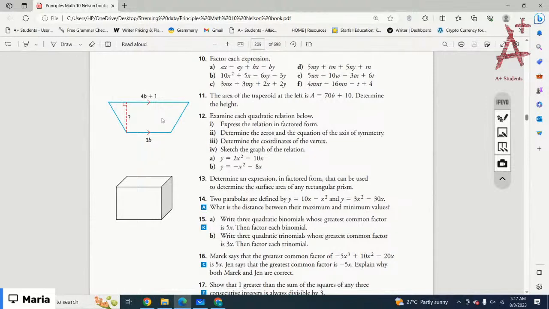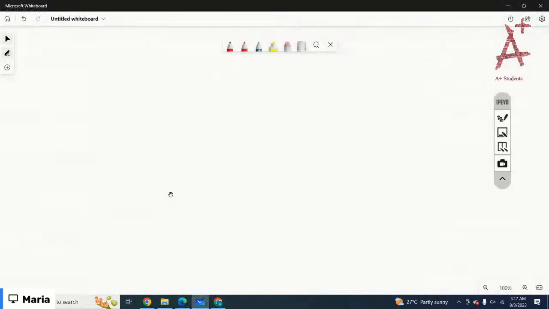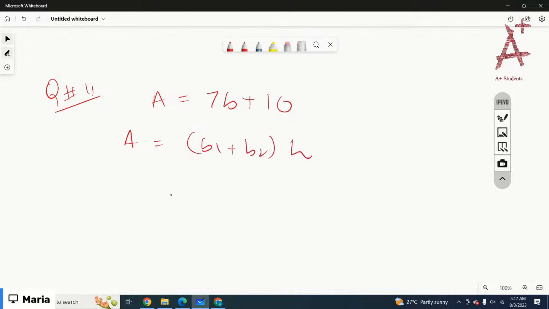Okay, A equals 7b plus 10. To find the height, A equals (b1 plus b2) times h divided by 2.